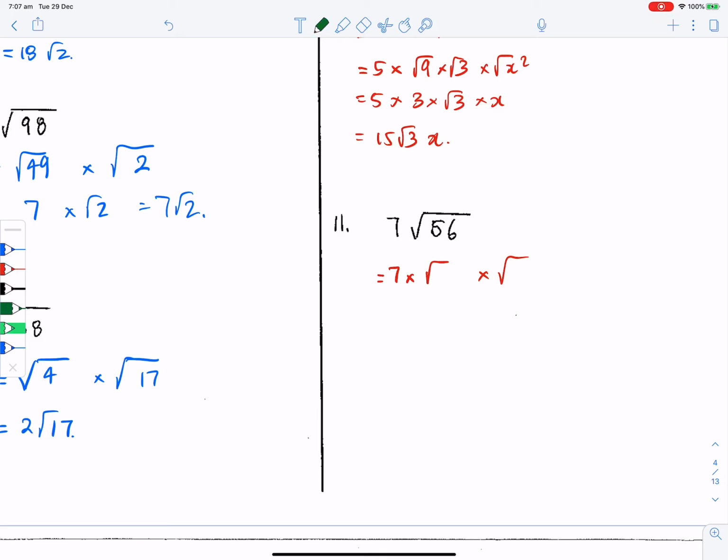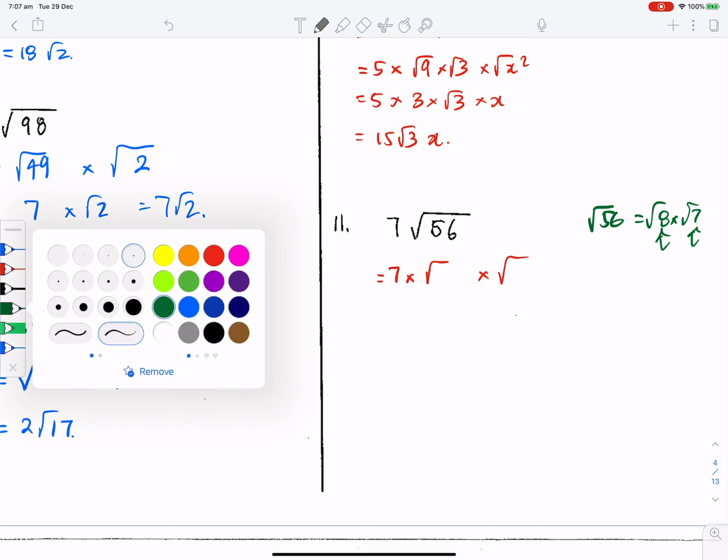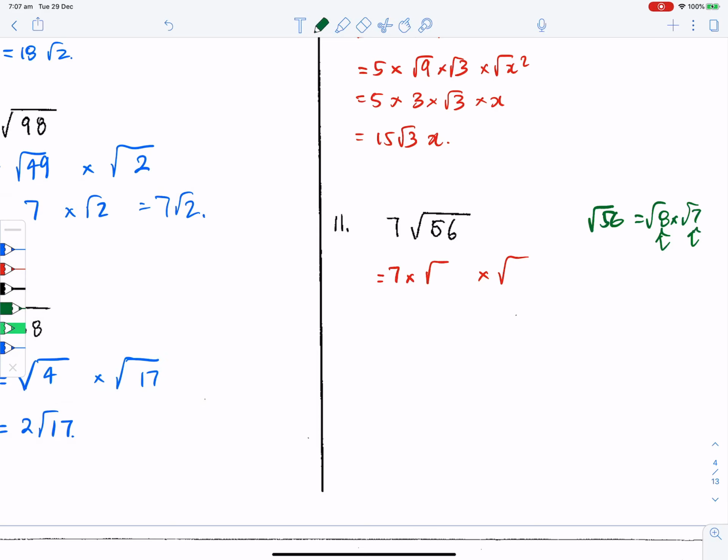It's funny because 56, you've got 8 and 7, right? That's not a perfect square, and that's not a perfect square. So you actually can't use 8 and 7. So what I advise you to do is to get out your calculator and start doing trial and error, okay? And in fact, the numbers are going to be 4 and 14. This one's a tricky one, okay? It's trickier than it looks.